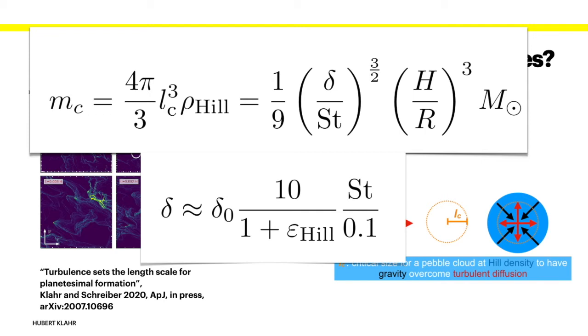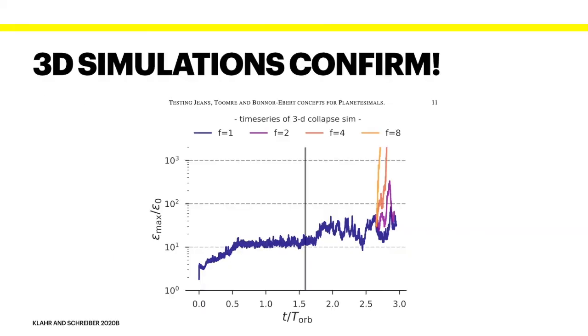What you see up here is the expression of the mass of such a typical Bonnor-Ebert sphere, which would be gravitationally unstable. We translated this into sizes and tested our criteria and found that for reasonable parameters you indeed find sometimes 100-kilometer sized objects.